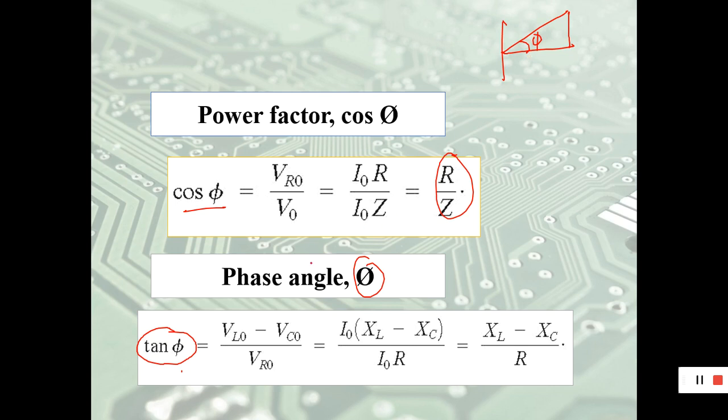But if you want to use tangent, here will be XL minus XC, and this is the R. So psi is tangent inverse, so psi will be tangent negative 1 of XL minus XC over R. Okay, this is the phase angle, right?